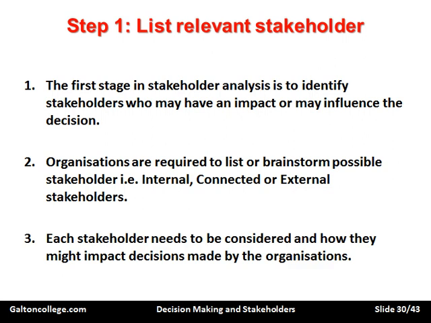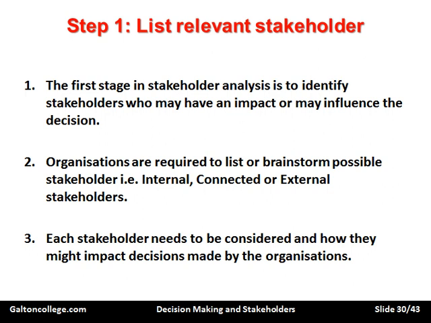Each stakeholder needs to be considered and look at how the decision will impact on that stakeholder. So it's creating a comprehensive list of the stakeholders who will be affected by the decision and trying to work out how the stakeholders are going to be affected by the decision.